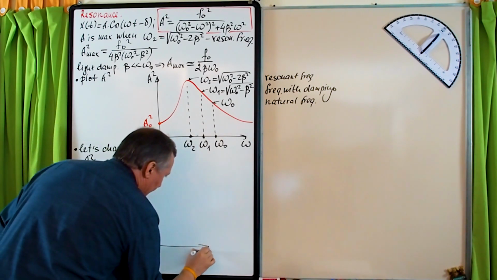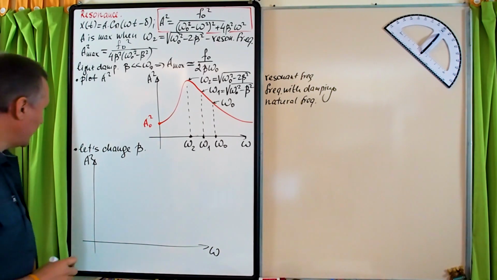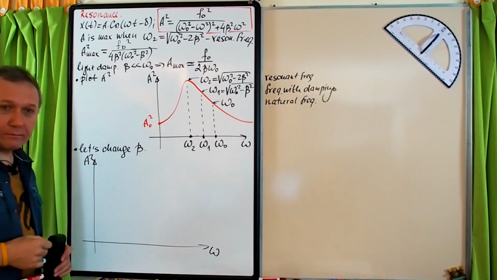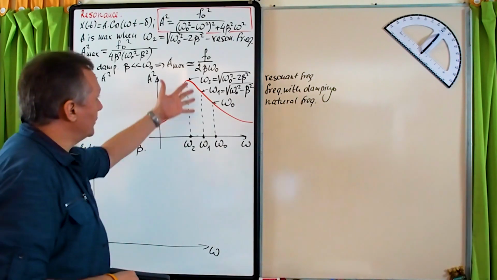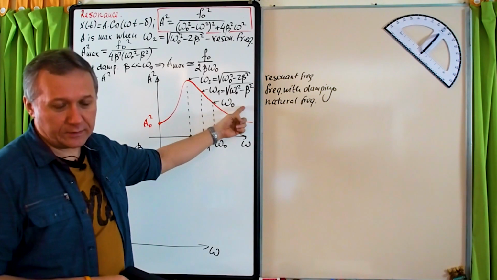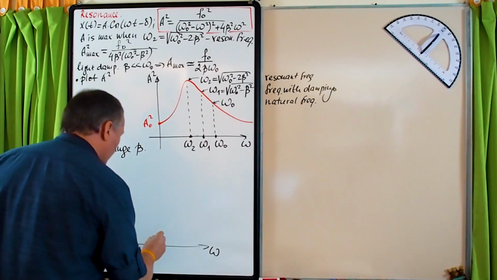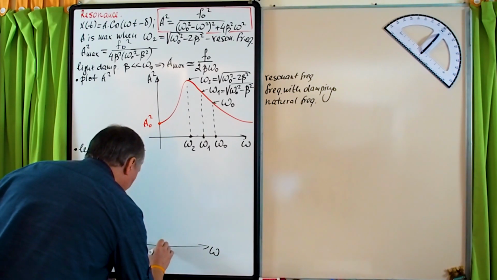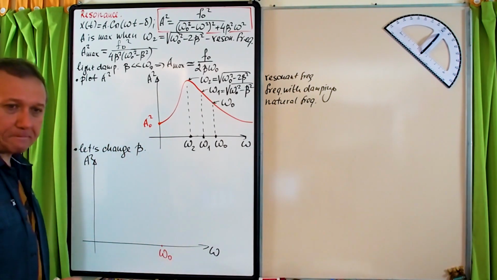This is still our driving frequency, and now the response of the system. First, no damping. Beta equals to 0. Of course, if beta equals to 0, all these frequencies are equal to each other. All right, so let me show omega naught about this point. So this is omega naught, natural frequency.